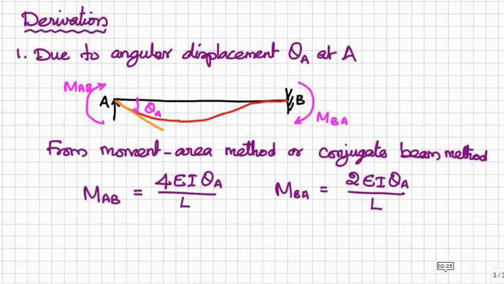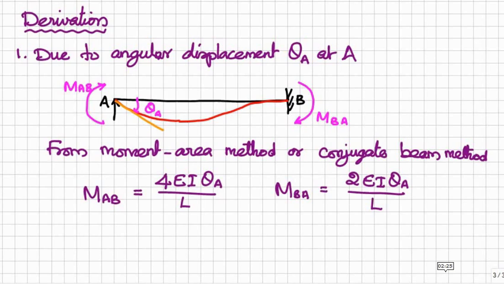Now the derivation of the slope deflection equation. We already pointed out that it is a summation, using the principle of superposition, of all the moments at the supports due to various displacement conditions.